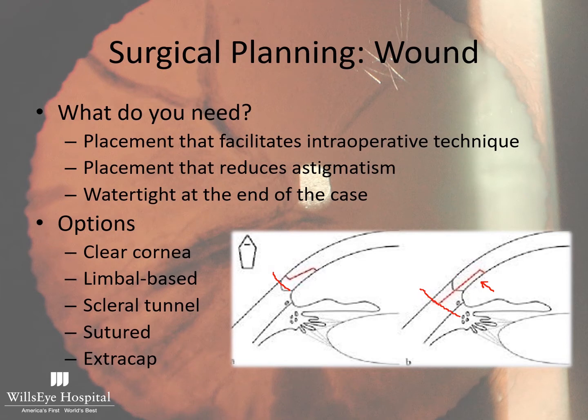So it's described on where you enter the eye: clear cornea, limbal, scleral tunnel. You can see scleral tunnel is a longer wound. It does require some additional surgical manipulation. You can obviously suture the wound, or you can make a very large scleral tunnel wound or an extracapsular wound for an M6 surgery, which we'll talk about later.